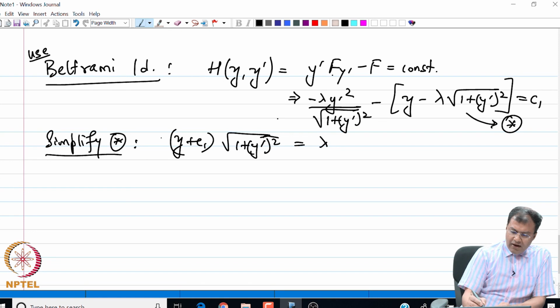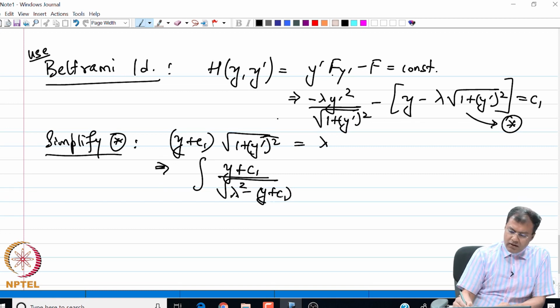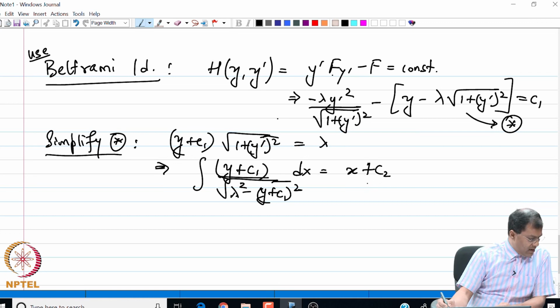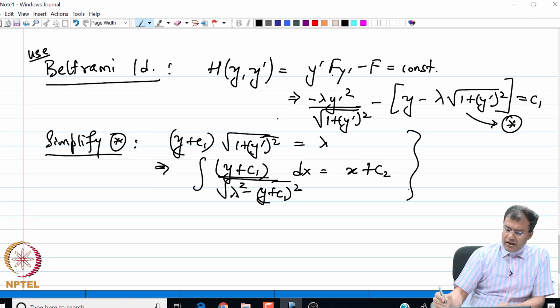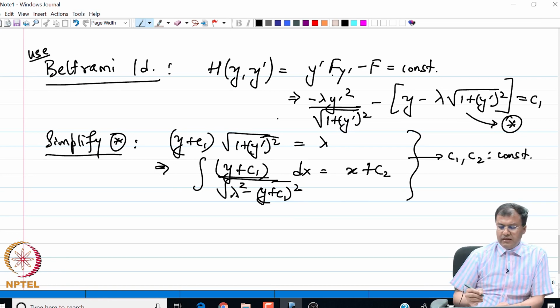And then after integrating (y plus C1) divided by square root of lambda square minus (y plus C1) square dx, we get this is equal to x plus C2, right. So, my C1 and C2 are constants of integration. Okay.